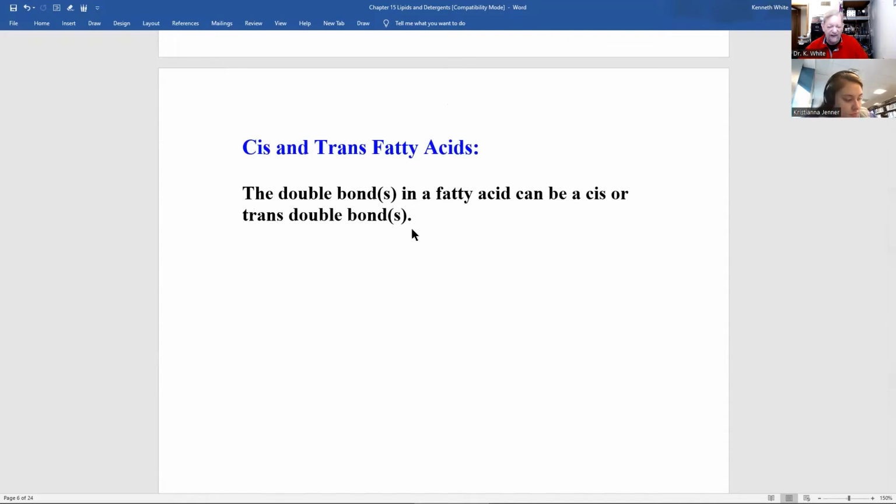Now, if we look at oleic acid, which is one example of an unsaturated fatty acid, here we have a double bond.